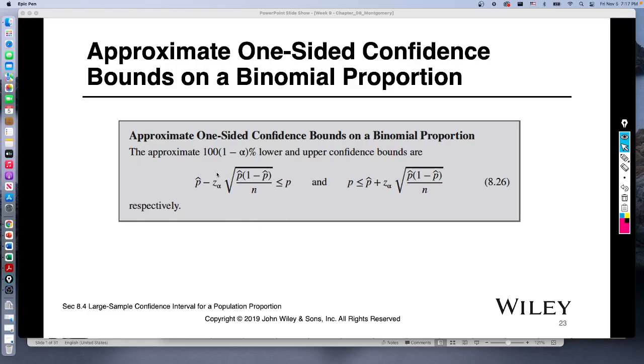If we're using a 95% confidence interval, in this case this is just the 5% instead of the 0.025. So this is what, 1.64 I think we came up with, instead of 1.96. Okay, so maybe put a note here.